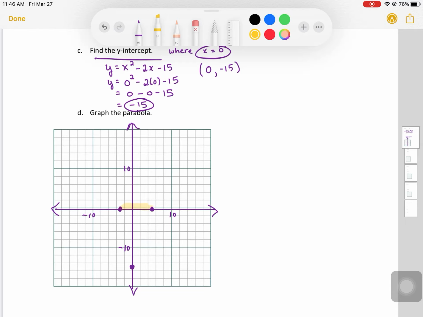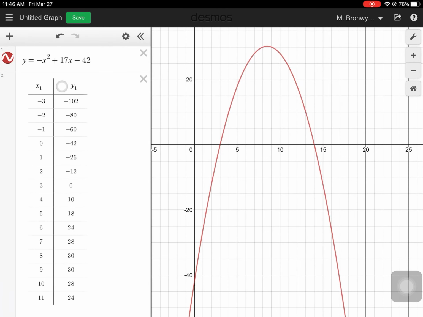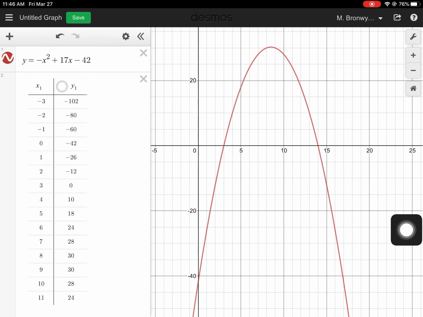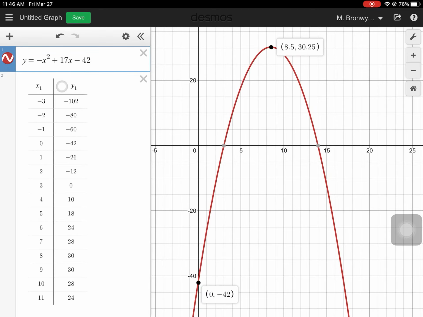If we go back to the other graph that we were looking at, if you look at the x-intercepts of 3 and 14, the very center of 3 and 14 is 8.5. So the line of symmetry and the vertex are going to go right through that point.